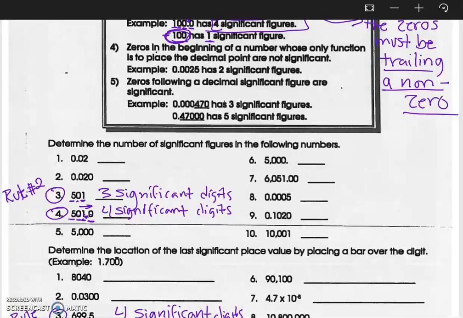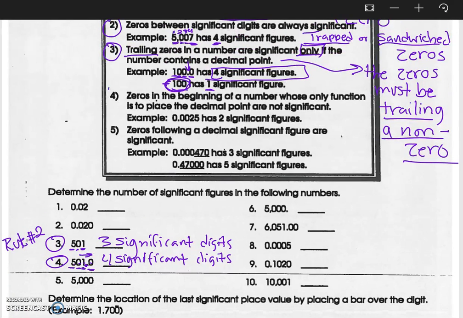All right, so let's look at rule number 4. Number 4 says zeros in the beginning of a number, so we call that leading zeros. Zeros in the beginning of a number whose only function is to place the decimal point are not significant.